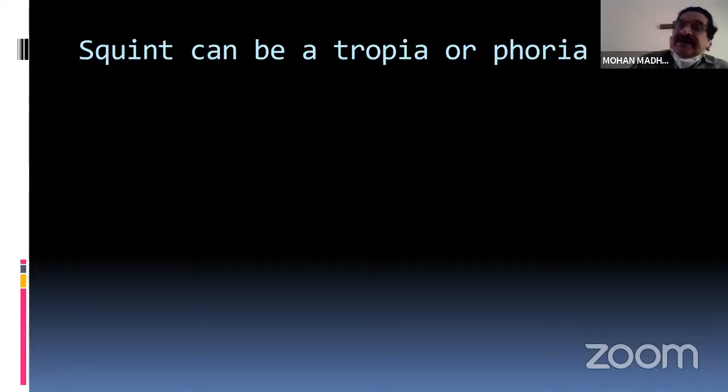What is latent squint? We all have some degree of latent squint, or phoria, but we are able to overcome it by our fusional vergence system. Even though one eye is a little abducted, that system makes it adduct a little and become parallel, so that you can have binocular vision and fusion is made possible.